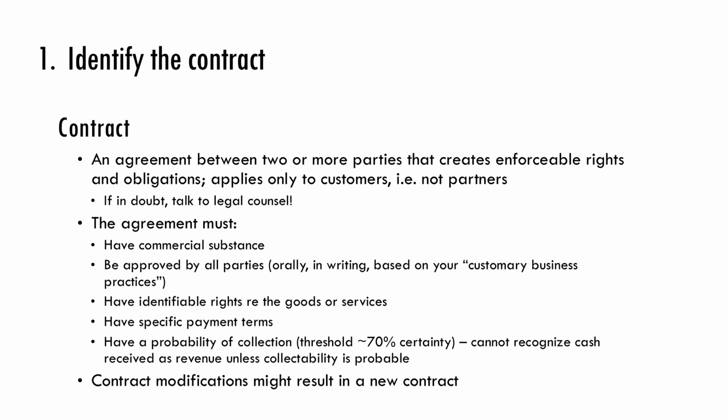Well, that might actually result in a termination of your existing contract and a new contract going forward, or, and again, it's all spelled out in 606, we're not going to be able to cover all the details here, it may be that that contract will carry on and the new negotiation is in fact a brand new separate contract.